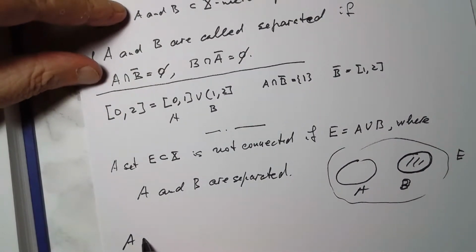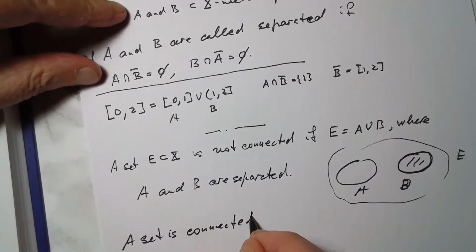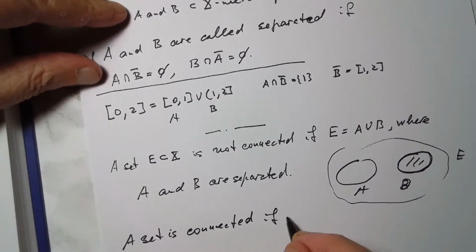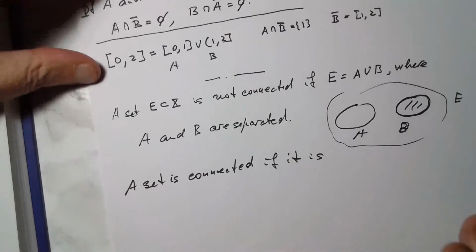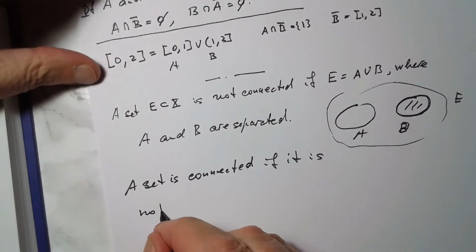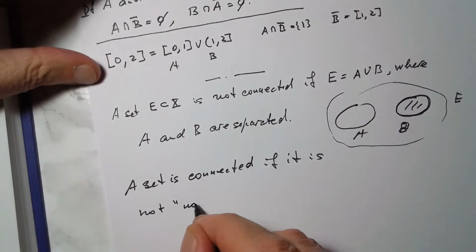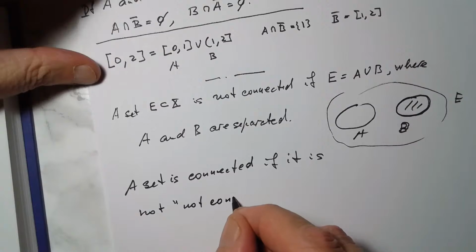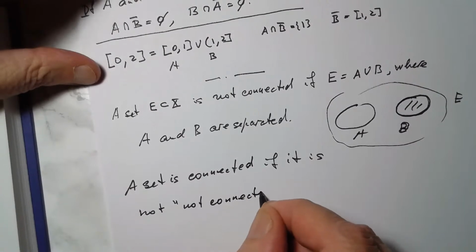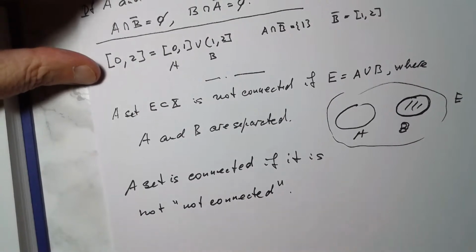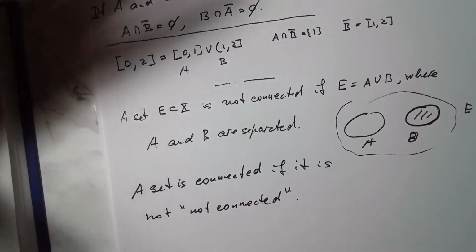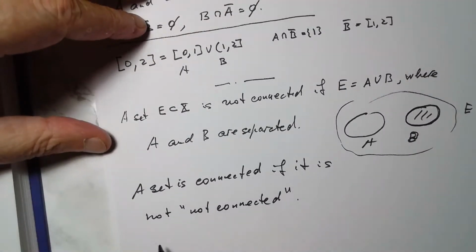A set is connected if it is, and I'm sorry for doing that, if it is not not connected. Well, what does it mean? It means that the set cannot be written as a union of two separated sets. So this is a definition now.